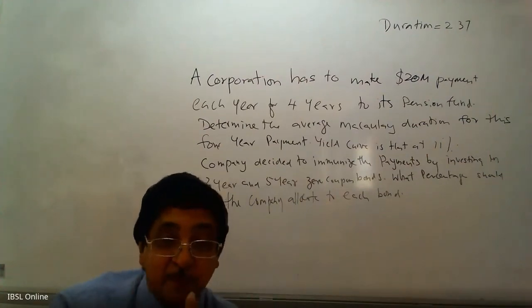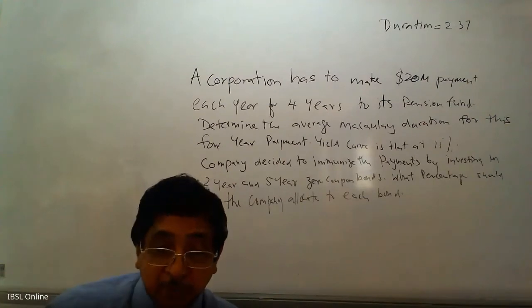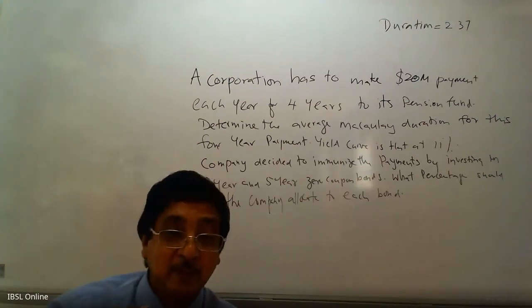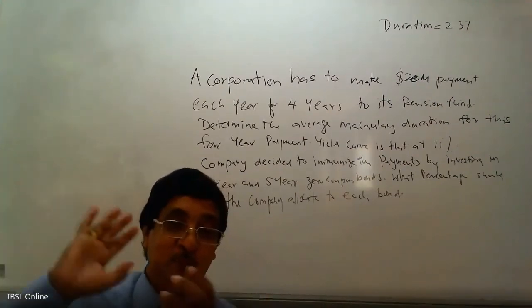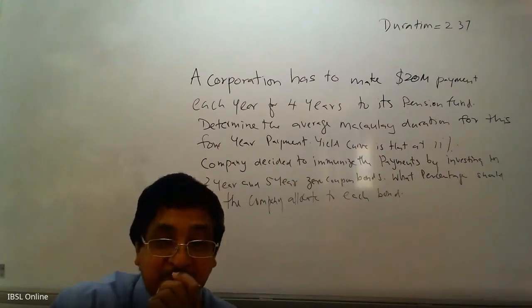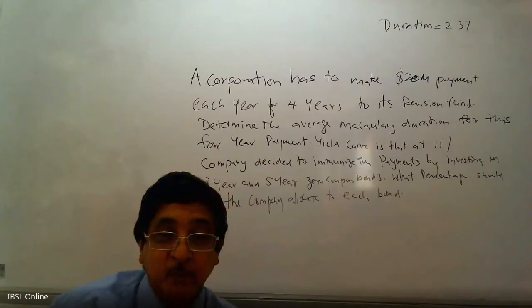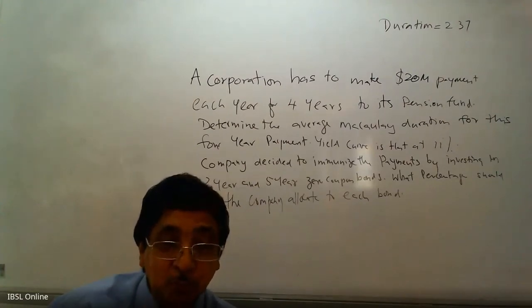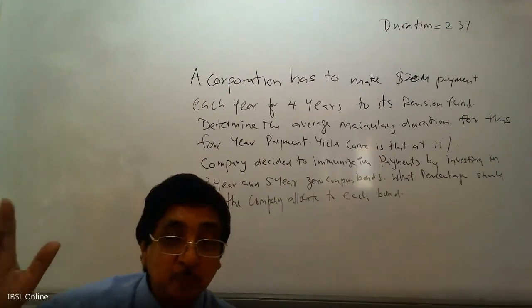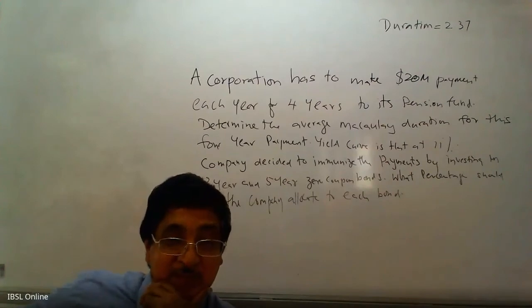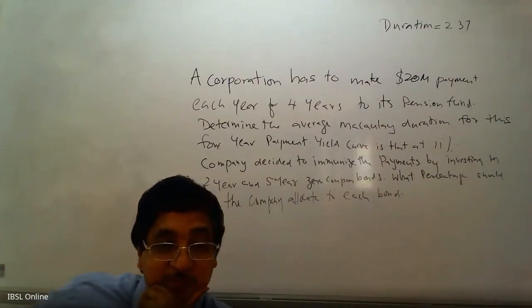Then what should happen? The duration of both bonds minus 2.37 should be 0. In other words, the percentage of 2-year bonds times 2 plus the percentage of 5-year bonds times 5 should be equal to 2.37. Right?